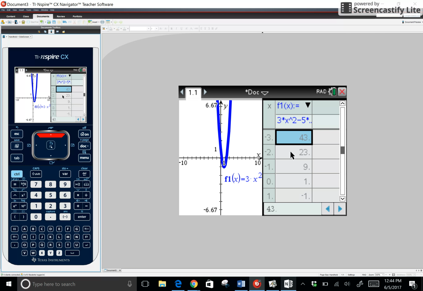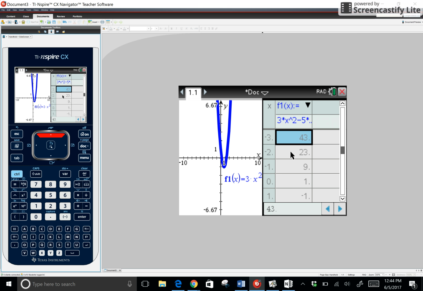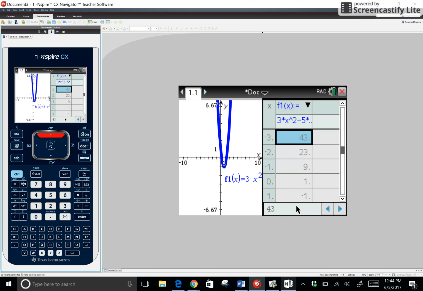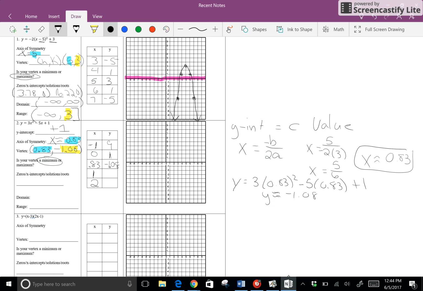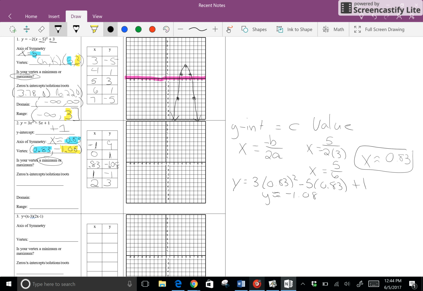So -1, the table gave you 9, 0, and 1. And then 1 and -1. And then 2 and 3.